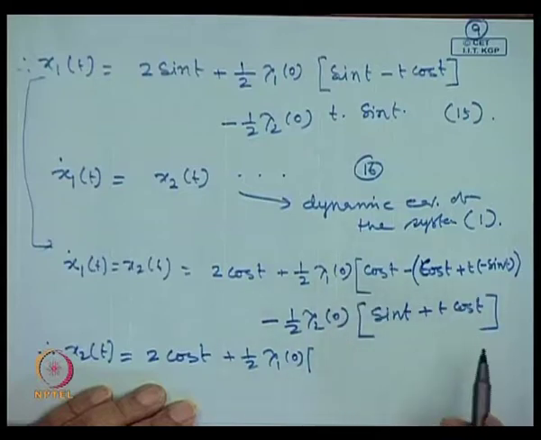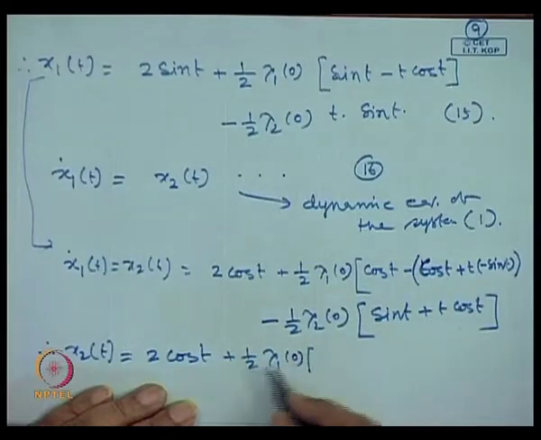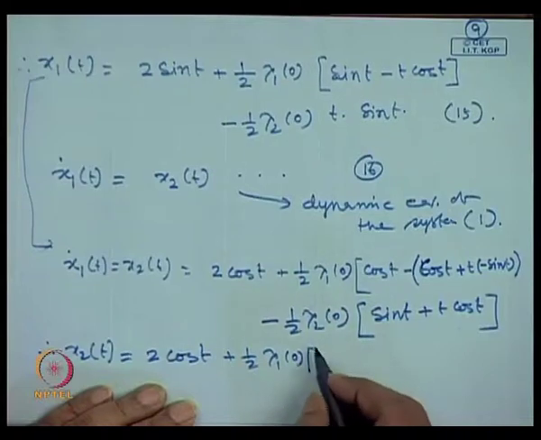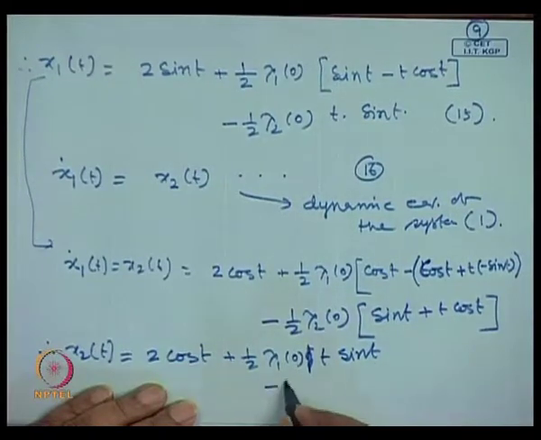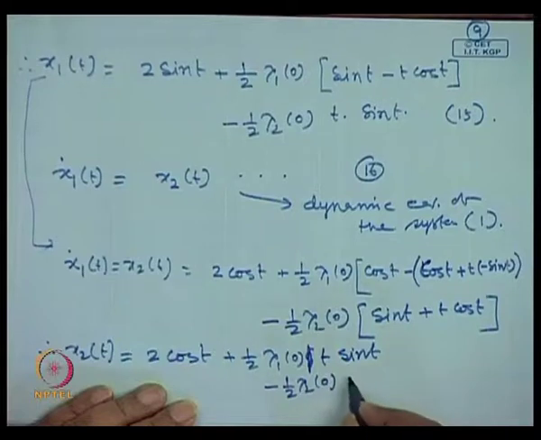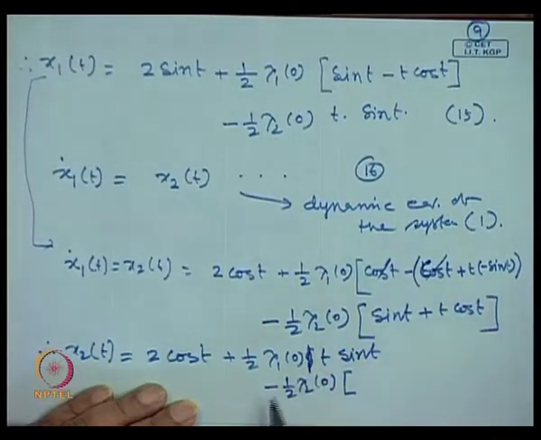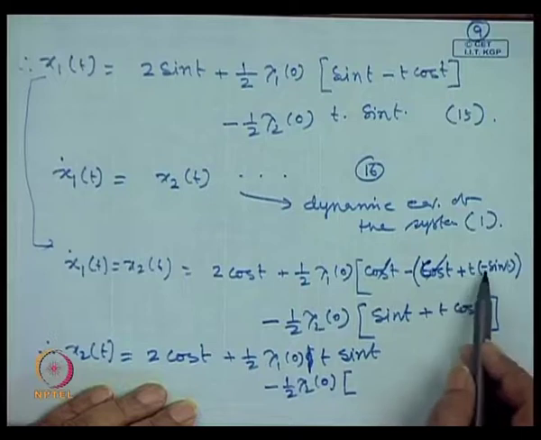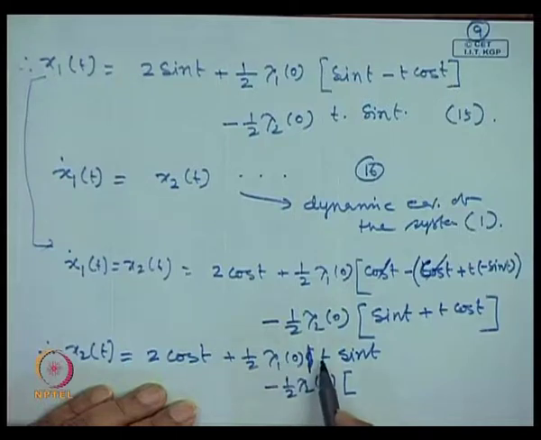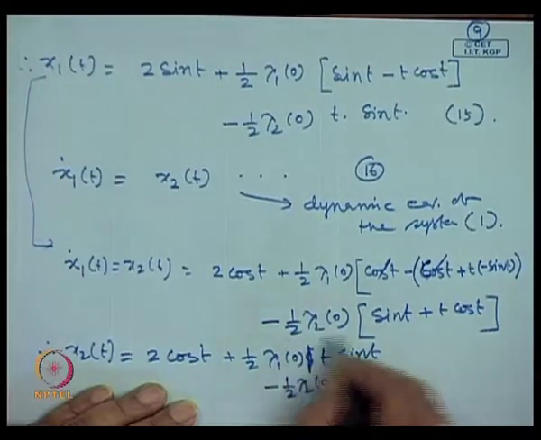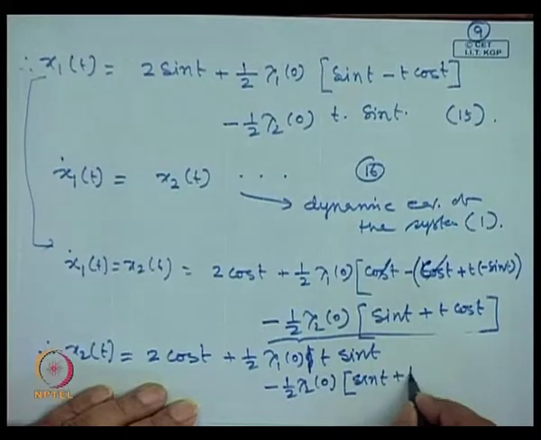If you simplify, then half lambda 1 of 0 t sin t minus half lambda 2 of 0 sin t, because these parts cancel. Minus and minus give plus, so it will be half lambda 2 of 0 t sin t, and the remaining part is reproduced as it is: sin t plus t cos t.